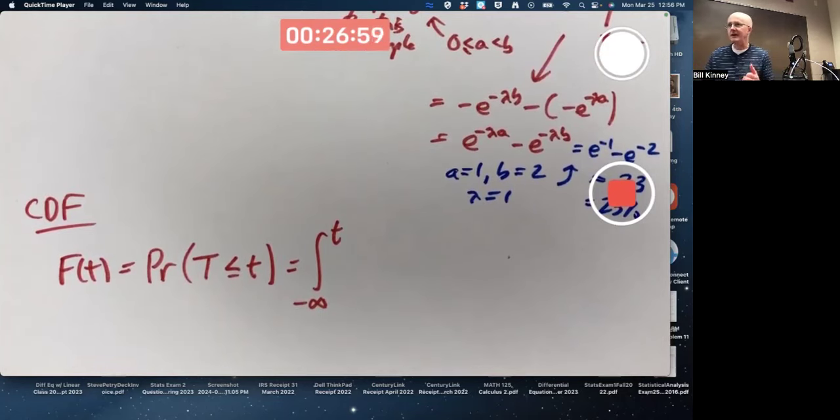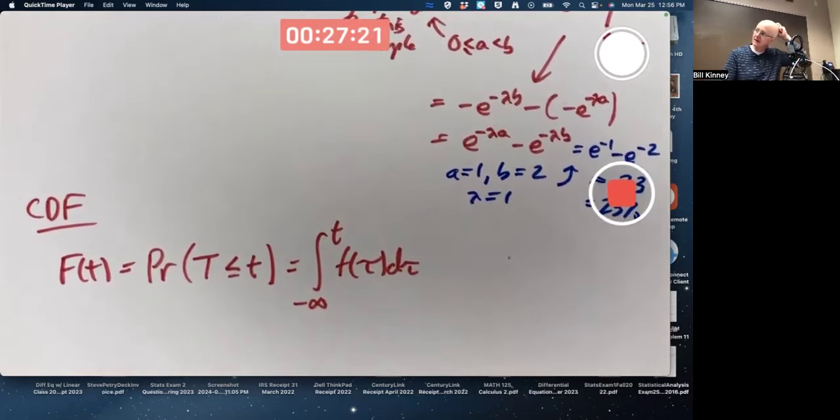This should feel familiar. Integral with a variable in the upper limit of integration. Something you could apply the fundamental theorem of calculus to differentiate, and I will in just a minute here. Of the PDF, use a different letter like tau, f of tau d tau. Again, sometimes people are sloppy there.